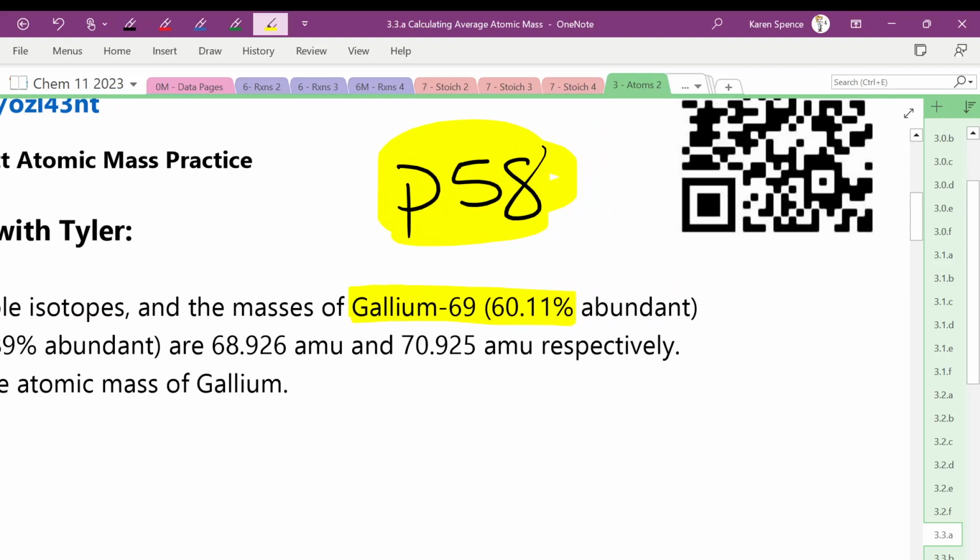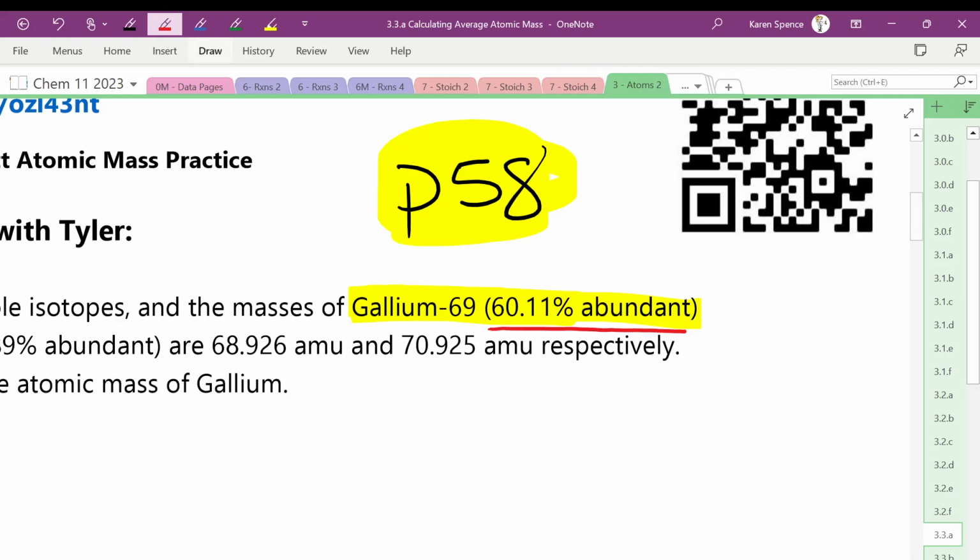60.11% abundant. Do you know what that means when it says 60.11% abundant? How many people feel like they might know what that means? I got 1, 2, 3.